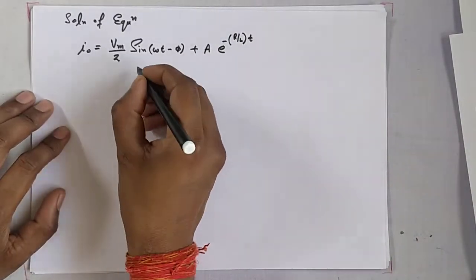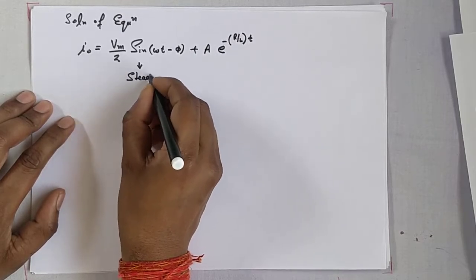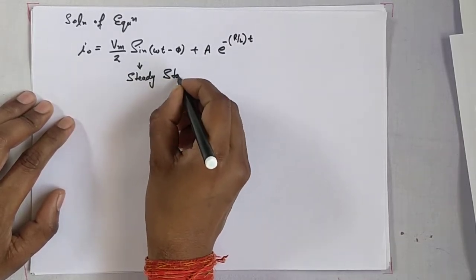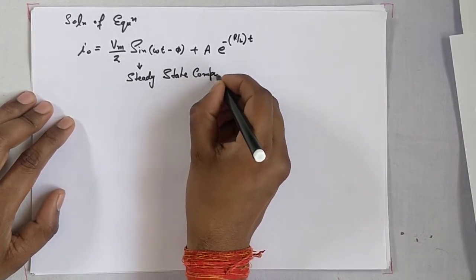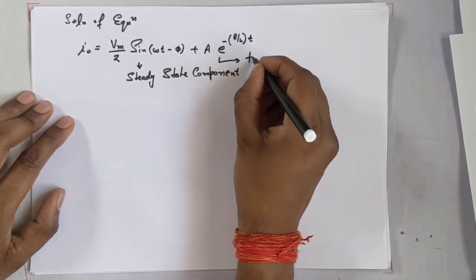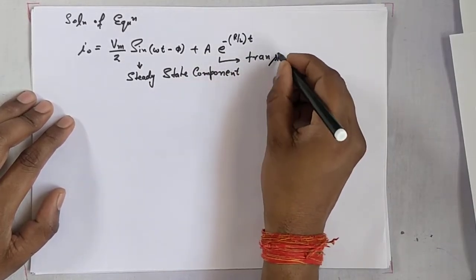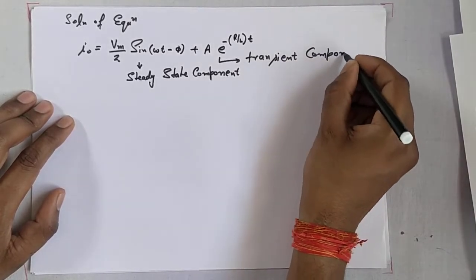This first component is called the steady state component, and this one is called the transient component.